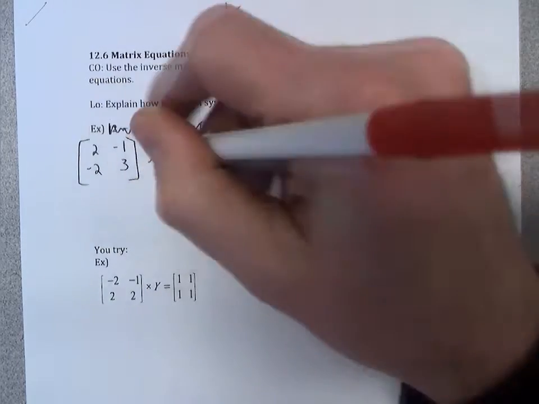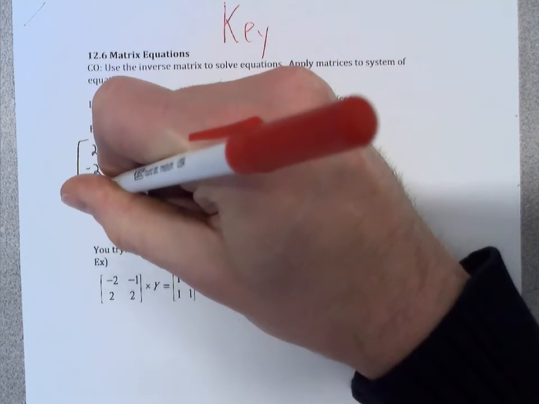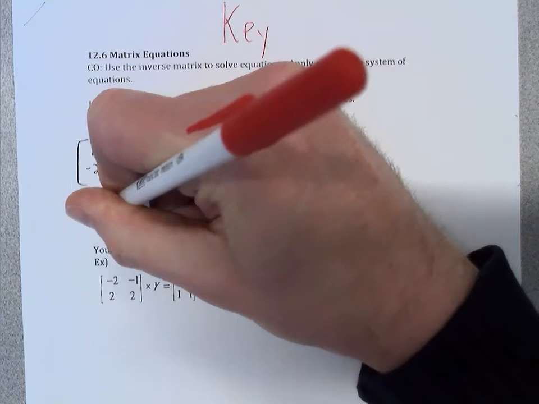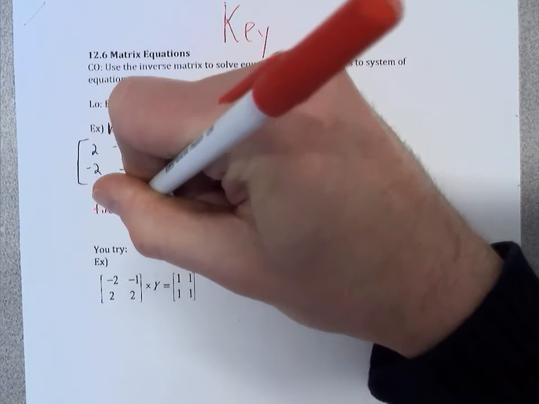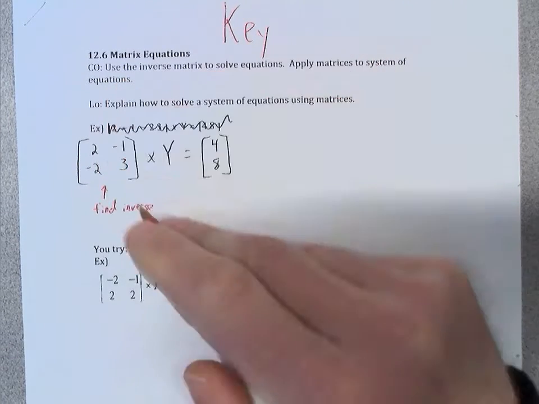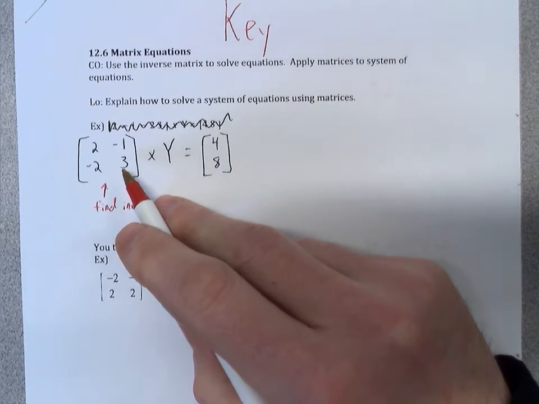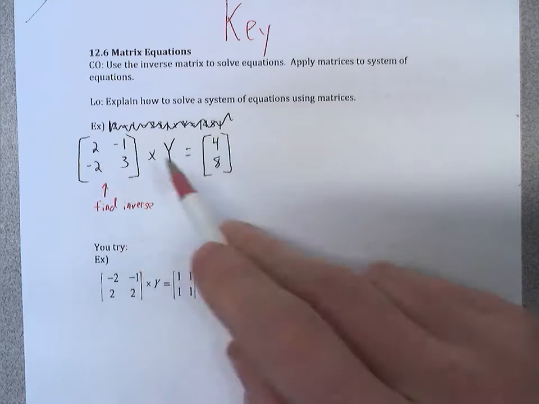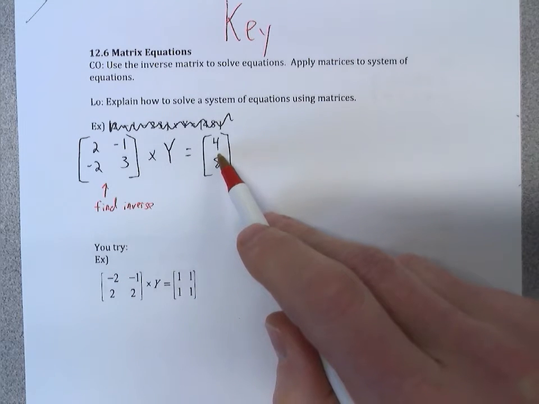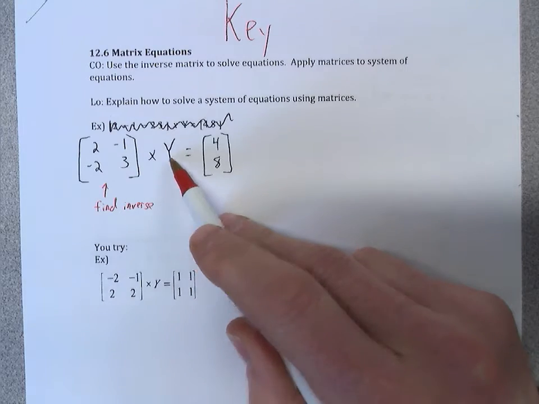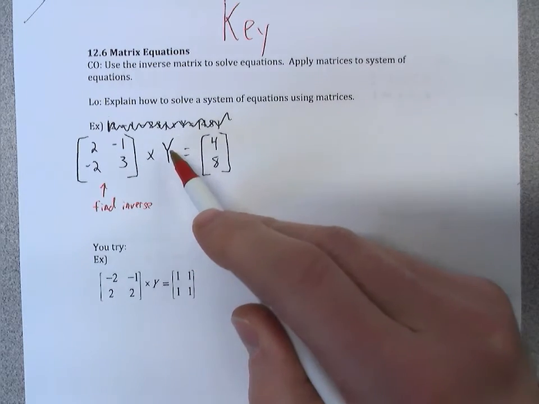So what we can simply do is find the inverse of this 2 by 2 matrix, and then we can use that inverse, multiply that inverse by this 2 by 1 matrix, and we'll be able to actually find what this matrix would be.